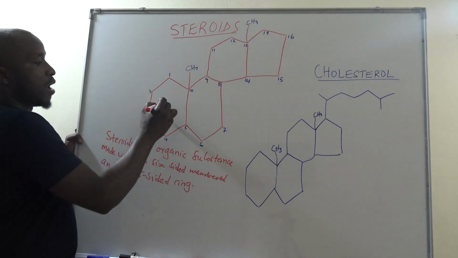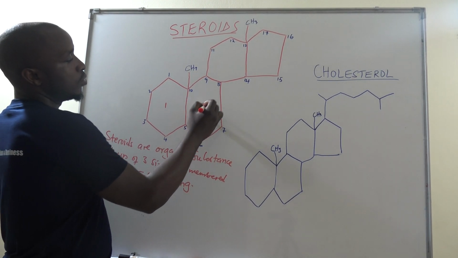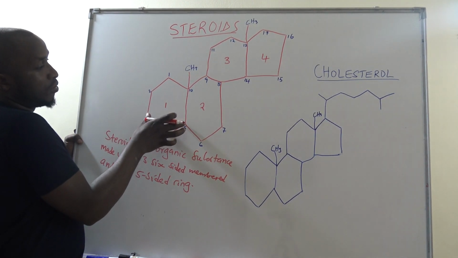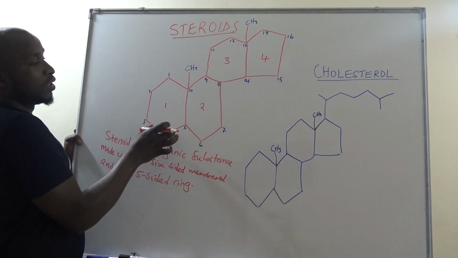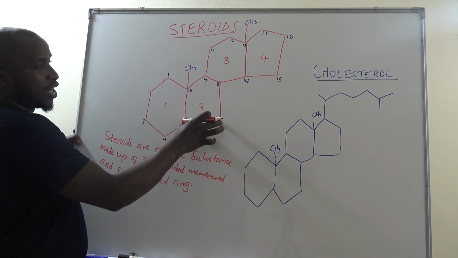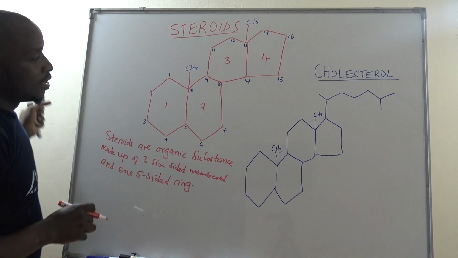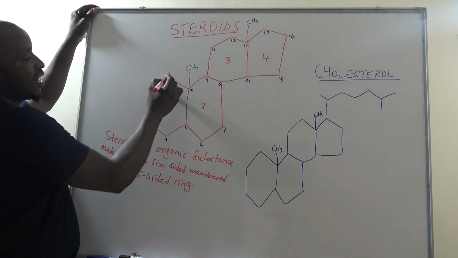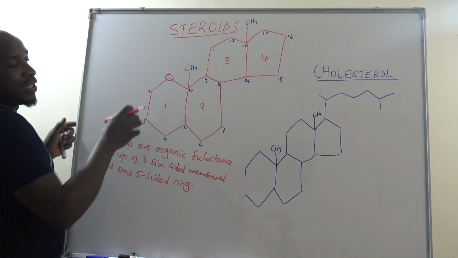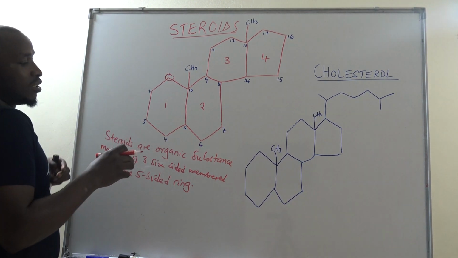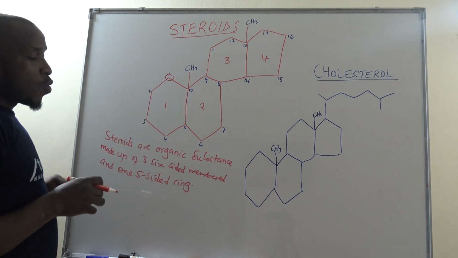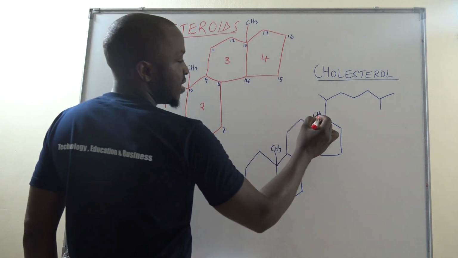So this is ring number 1, ring number 2, ring number 3, ring number 4. The first ring here is 6-sided, but remembered with the second ring, and the number of carbon atoms are counted right from this start here to take us through. So all steroids take up this structure, but differ from one another by this.